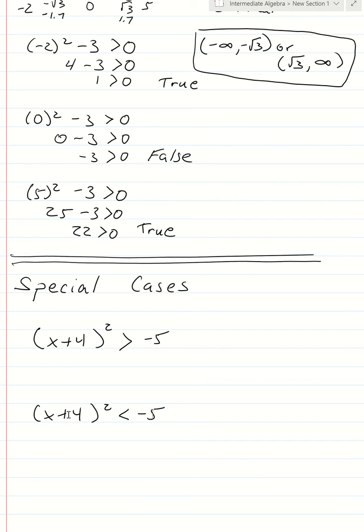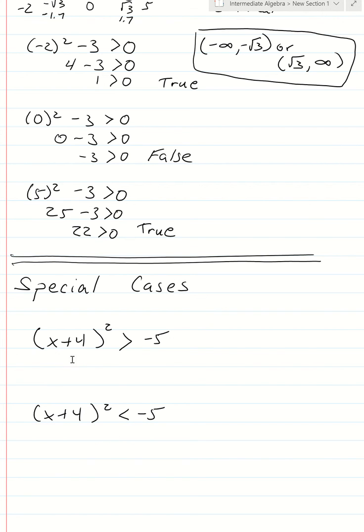And if you squared 6, you'd get 36, a positive 36. Let's plug in a negative 7 for x. Negative 7 plus 4 would give you negative 3. But when you square that negative 3, you're going to get 9, a positive 9.